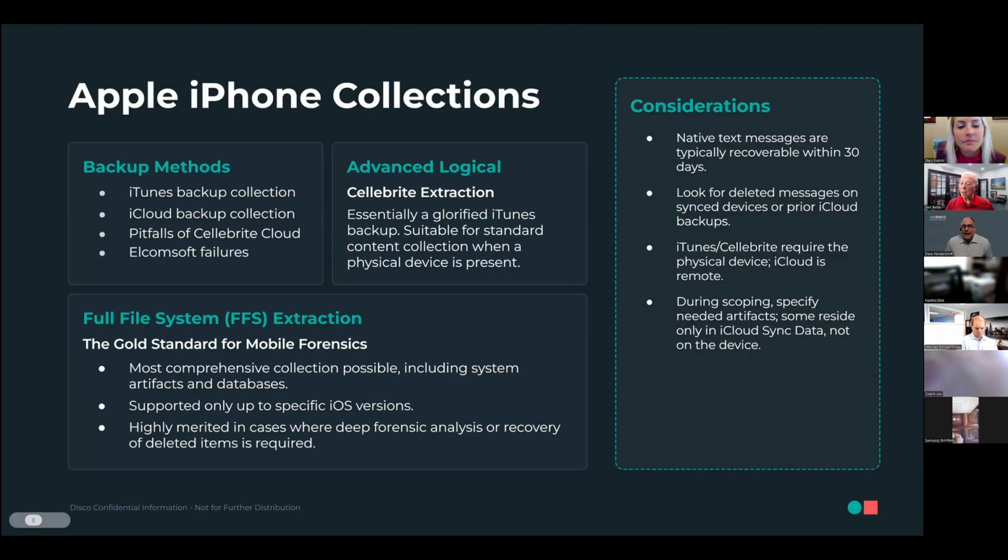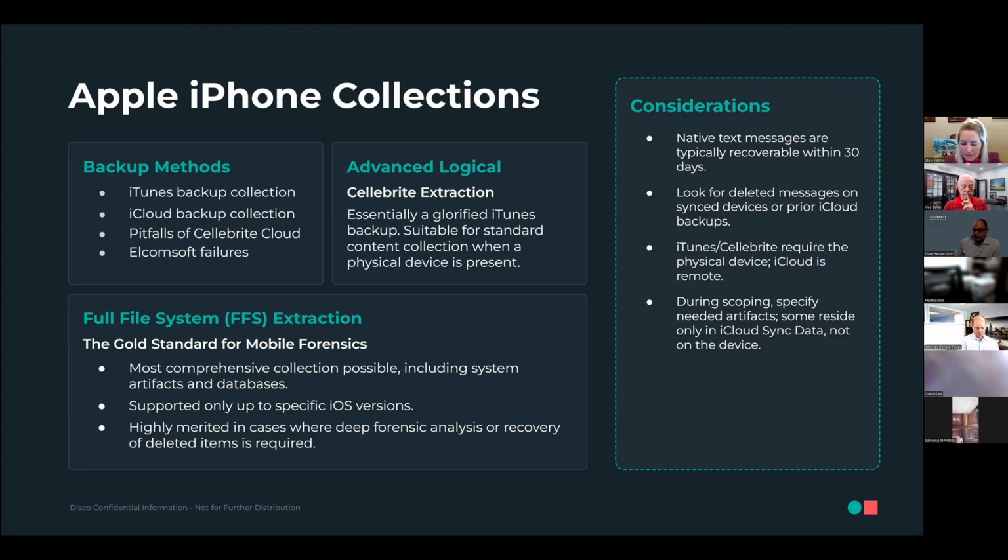So let's talk about Apple phones. There are a couple of backup methods. First, iTunes backup. We have an iCloud backup. And then we have different types of extraction. So there's that advanced logical using Cellebrite, which is essentially a glorified iTunes backup.